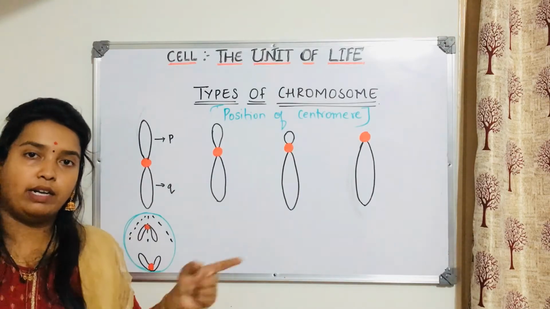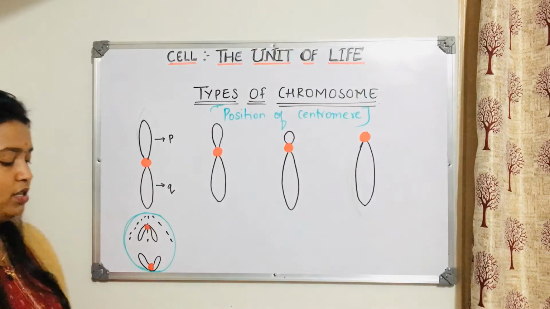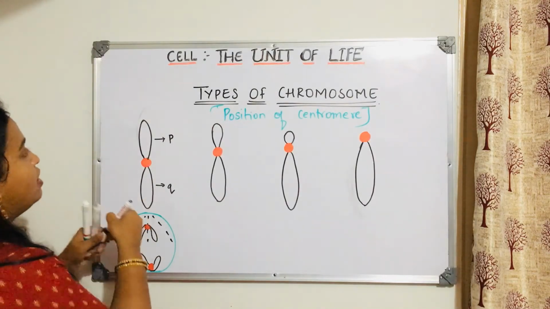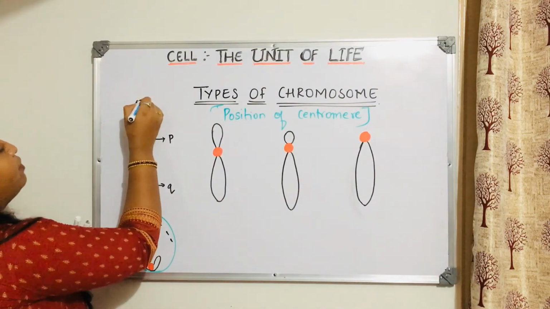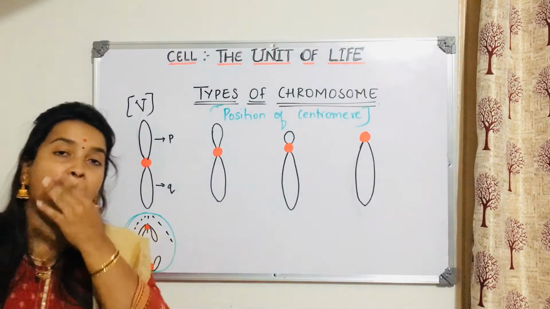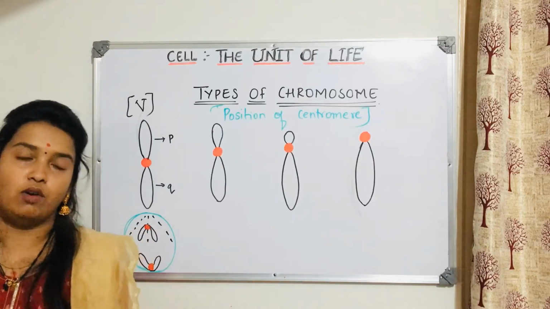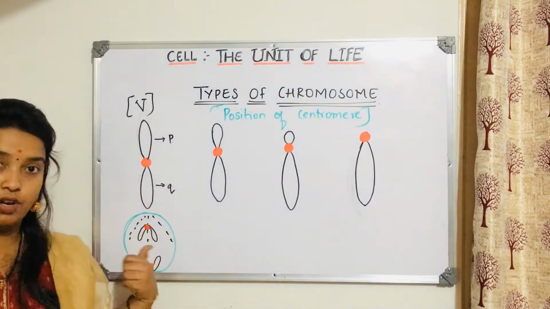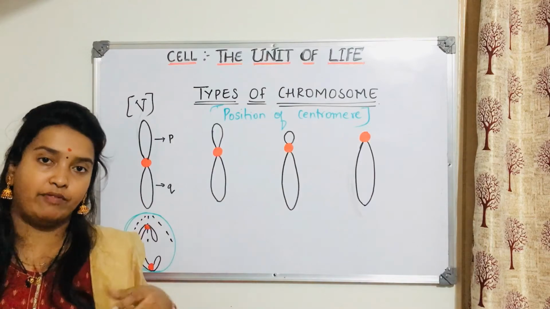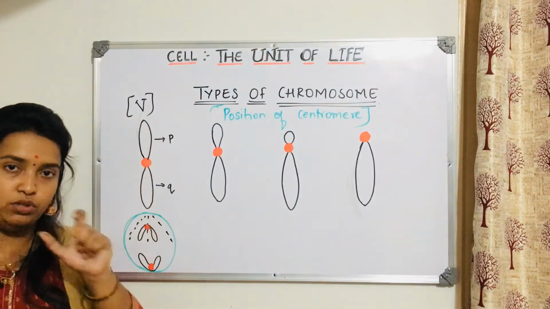A, B, C, D. It looks like a V shape. So the metacentric chromosome is also known as a V-shaped chromosome. In the exam they'll ask you, V-shaped chromosomes are also called metacentric chromosomes. During early or late anaphase, they show this V-type shape.